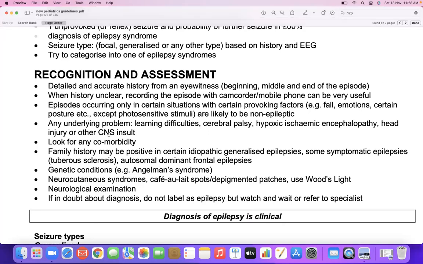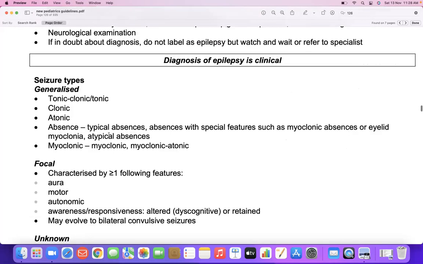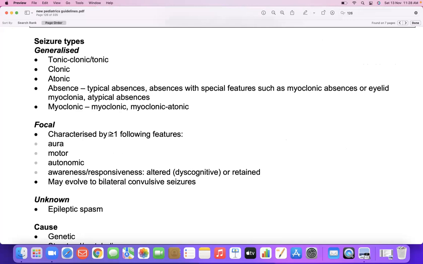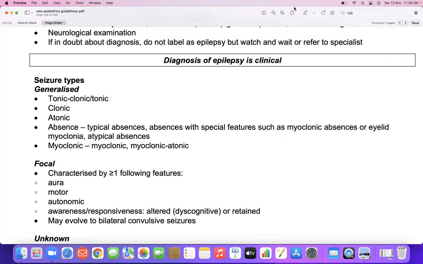So now next is the seizure types. These are the seizures we will see today. One is the tonic clonic seizures, then clonic, then atonic, then absence. Absence, you have typical absence, and absence with special features such as myoclonic absence, eyelid myoclonia, or atypical absences.